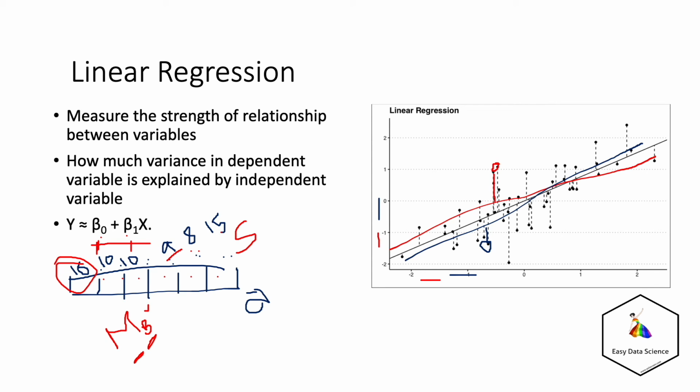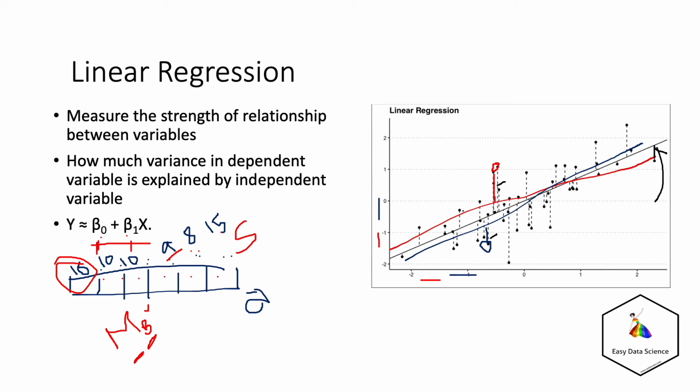Okay, and the line with which the sum of all these distances is the minimum, that is the line we consider to be the optimum line to predict the dependent variable using the independent variable.